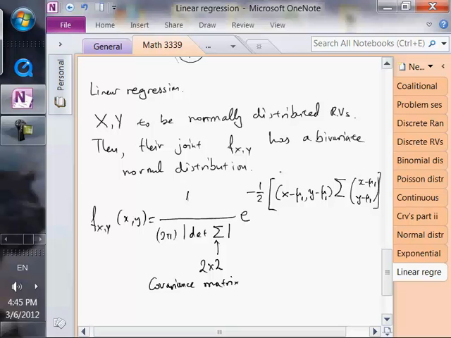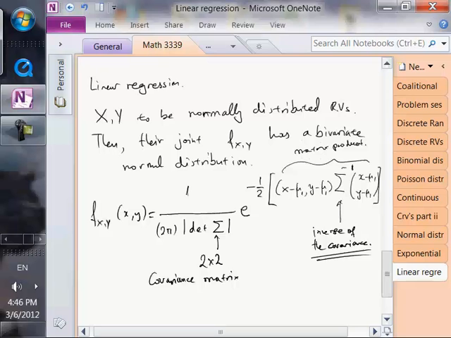And this is a matrix product here. This is the inverse matrix, sigma to the negative 1, so here we use the inverse of the covariance. This is the bivariate normal distribution in a very simple form.